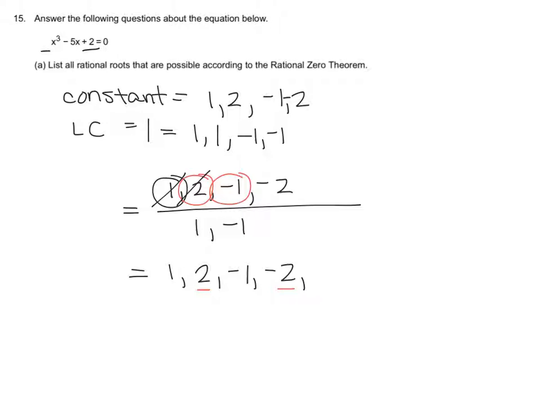And negative 1 divided by negative 1 is a positive 1, and that's already listed as well. Now I have the negative 2. Negative 2 divided by 1 is a negative 2, and that's listed. And negative 2 divided by negative 1 is positive 2, and that's also listed. So my only possible rational solutions are 1, 2, negative 1, and negative 2.